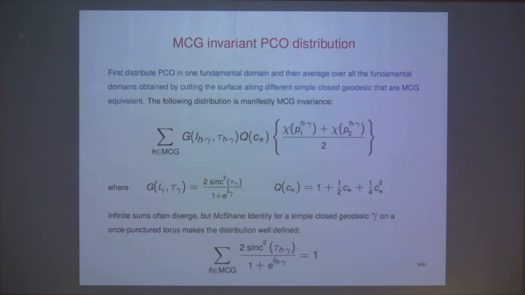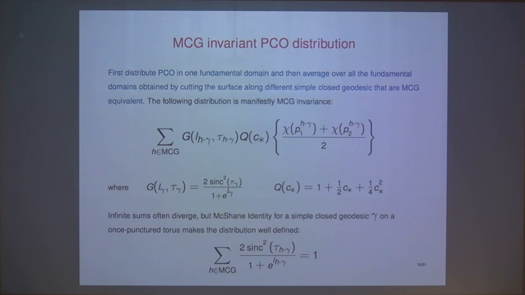So you can start with one fundamental domain and distribute PCO just like what we did for the thrice punctured sphere, and then multiply with a weight factor. And the weight factor is a function of the length of the simple closed geodesic and the twist that you perform with respect to the simple closed geodesic, and then sum over all the MCG elements.